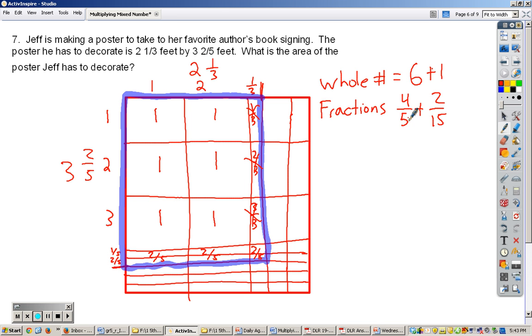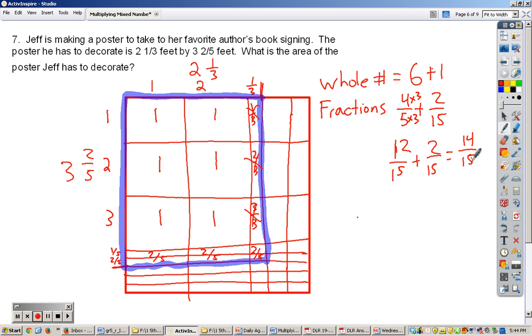To get 15, I have to multiply times 3. So I multiply the numerator times 3, so my new problem is 12/15 plus 2/15, which equals 14/15. So my fractions are 14/15.